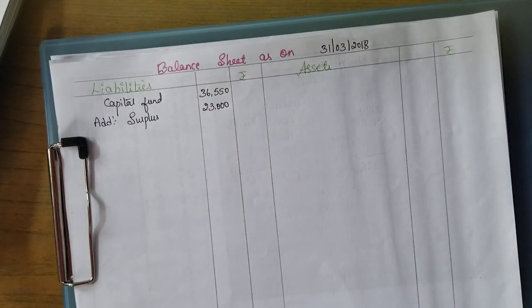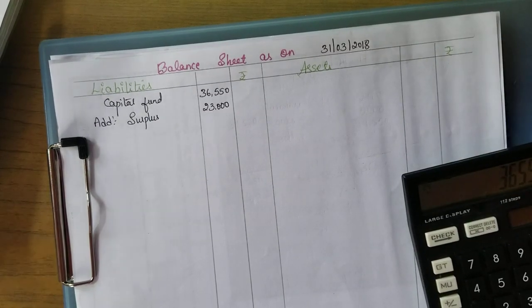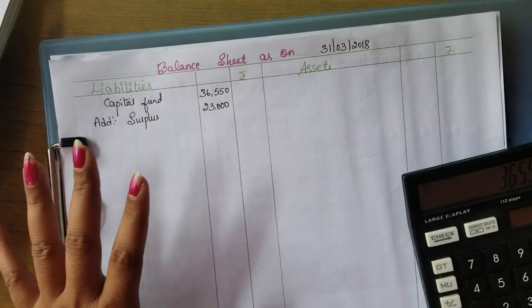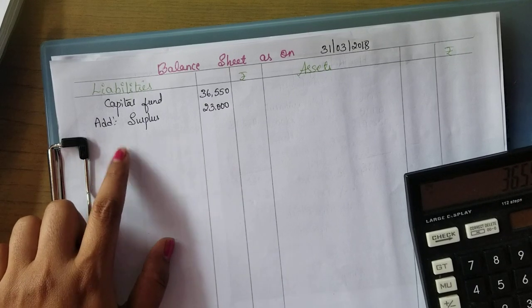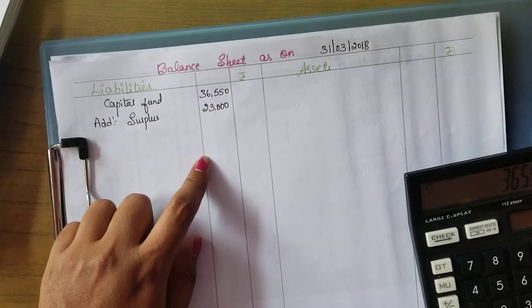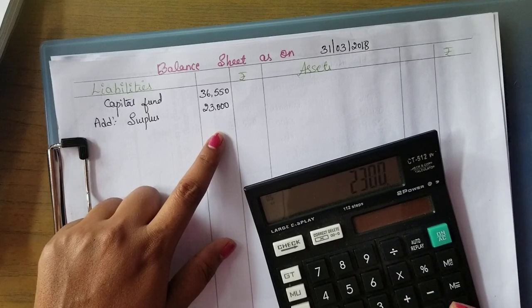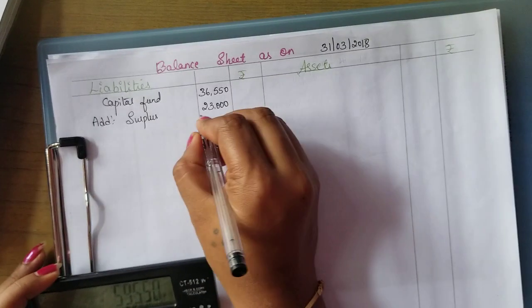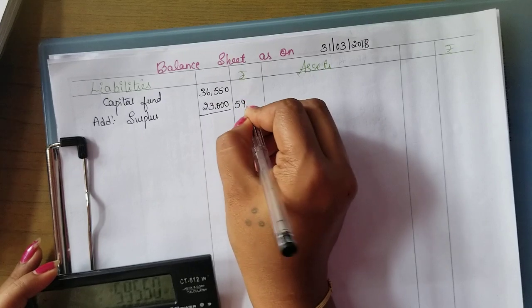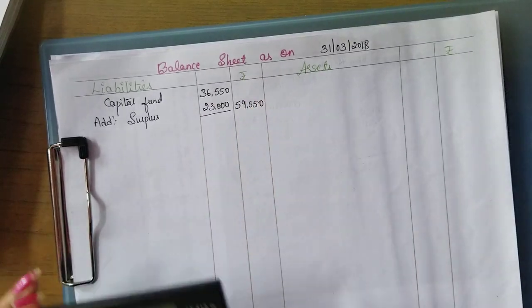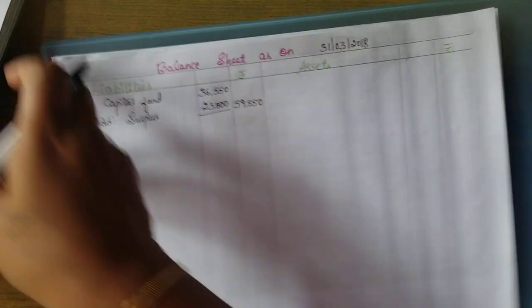Okay, and then if you have any donations, we can add. There is no other information to add to the capital fund, only these two. So add 36,550 plus 23,000. You will be getting 59,550.